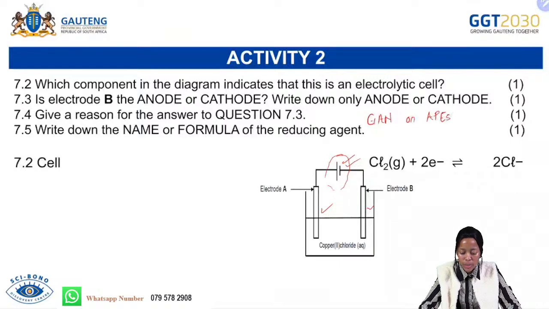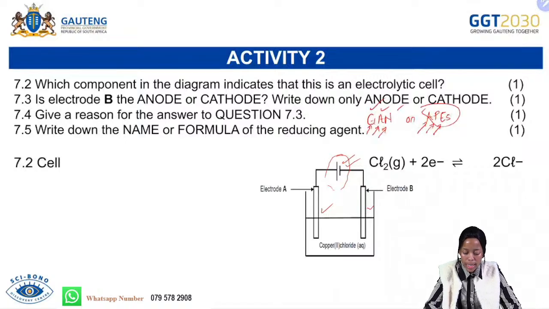The G is the galvanic cell, and the anode is negative. And with this one, the anode is positive when it comes to the electrolytic cell. So with this, we can say 'games are nice on apes', and that is just to help you to remember.